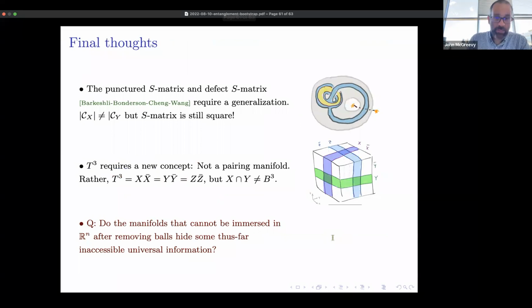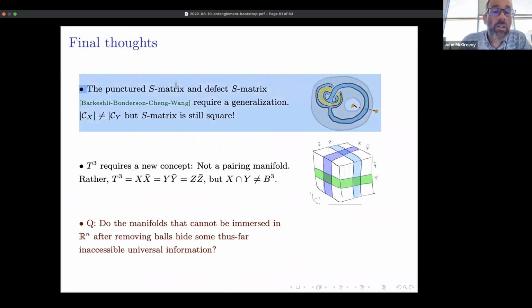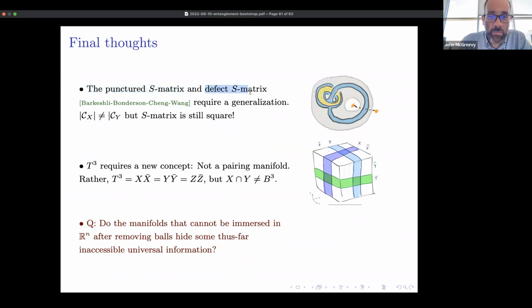Okay, final comments. The story should be able to generalize to the punctured S matrix or the defect S matrix, where we think about braiding of excitations in the presence of a defect or in the presence of another excitation. The number of extreme points of X and Y in that case, for example in the case of the annulus with the defect inside, is no longer equal, but surprisingly, there's still a square S matrix that can be defined.